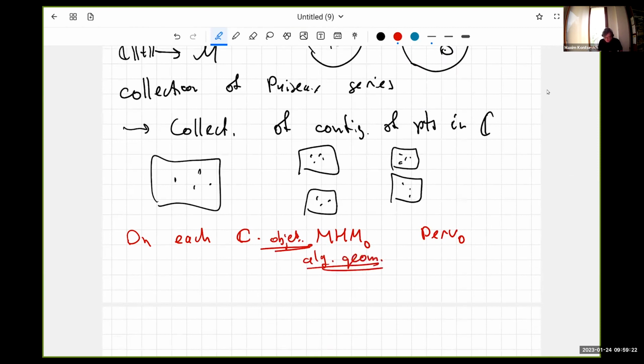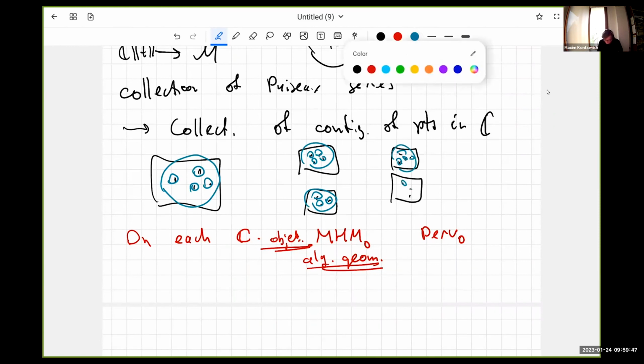So you get these mixed Hodge modules, which, I recall, give a local system, an algebraic geometric local system on C star, for large and small circles. So I get a local system on the collection of circles on each level, and then there will be an identification: the monodromy around a small circle in one level will be the monodromy of a large circle of another level.